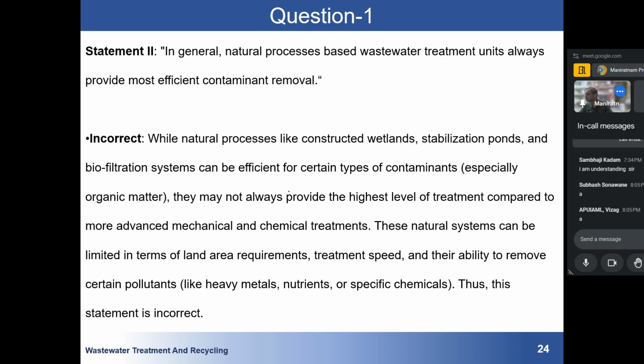So people always depend upon these engineered systems.